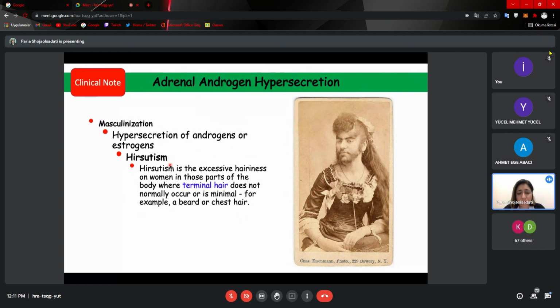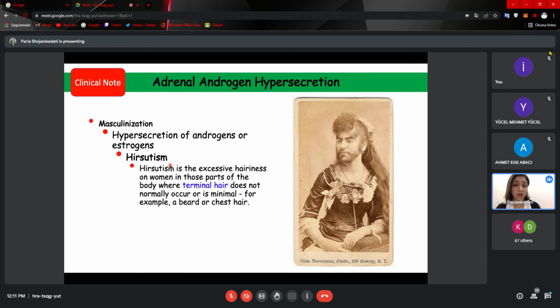Hirsutism is a so important condition, and it's a symptom of different hormonal increases in the body, but generally seen after increased androgen from different sources. Sometimes these sources may be the adrenal gland.